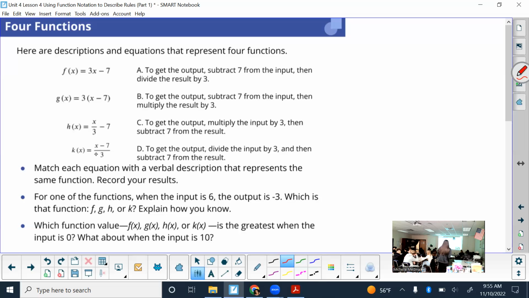D, to get the output, divide the input by 3, and then subtract 7 from the result. So first thing, being able to translate numbers and symbols to sentences that describe what's going on. So determine that first before we move on. I'll give you less than 2 minutes.